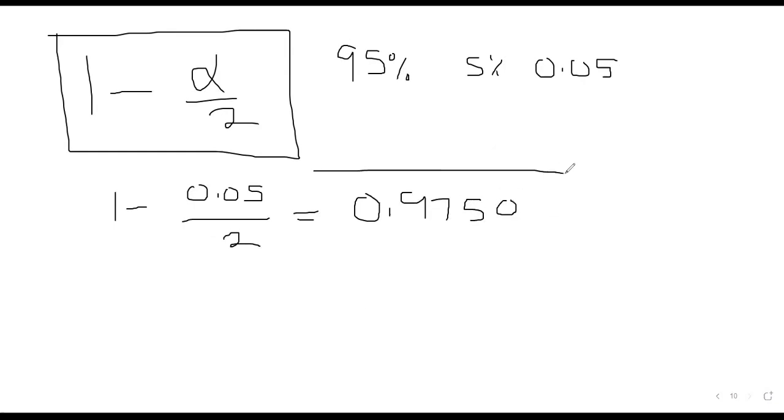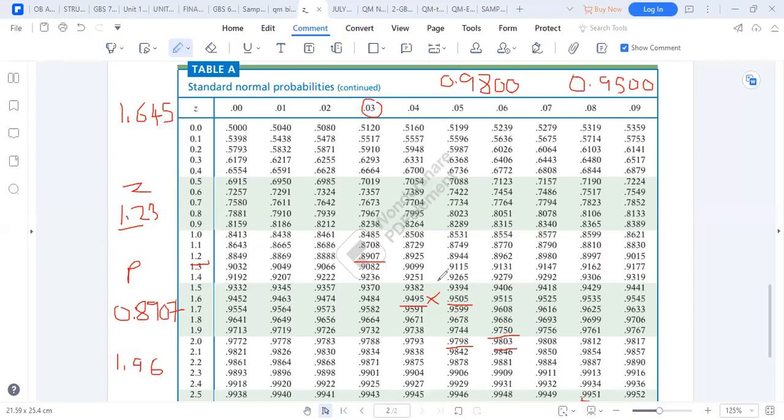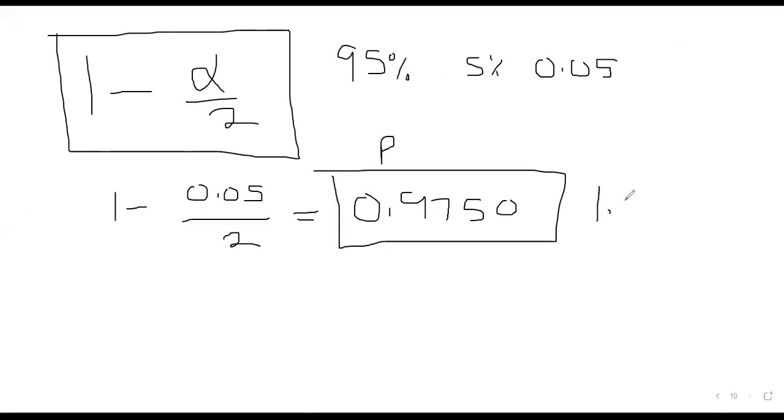So we check for the 0.975, this is a probability. What is the Z for this probability? You go into the table here, 0.975, which we already found here, which is what? 1.96. That is where the 1.96 is coming from.